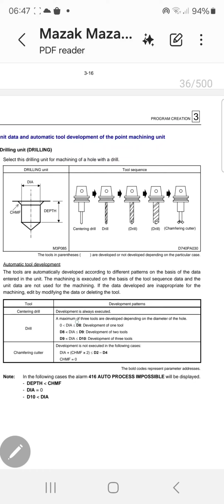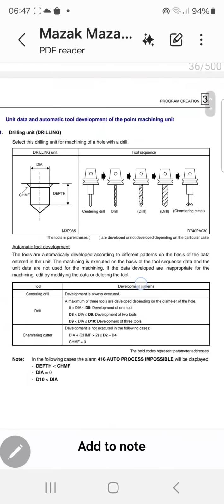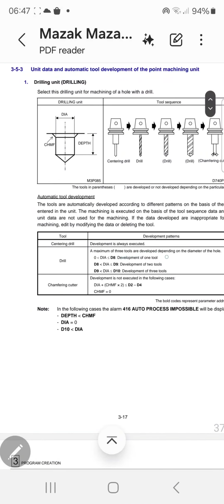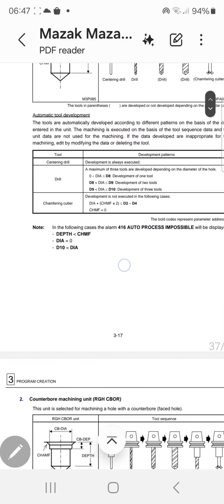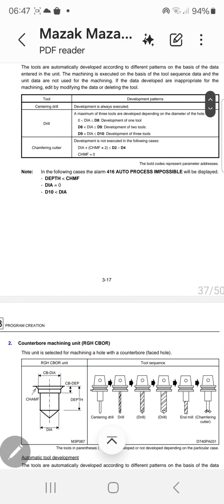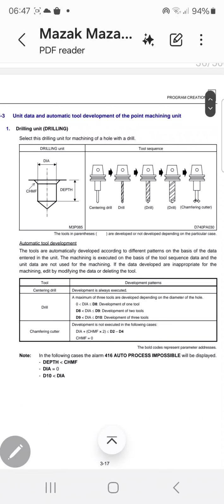There's the deployment, always execute center drill. So it's the same. Then see drill.